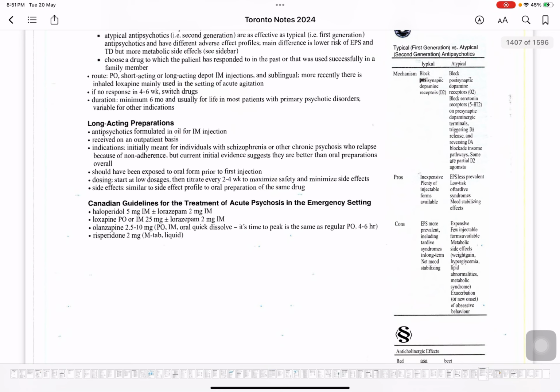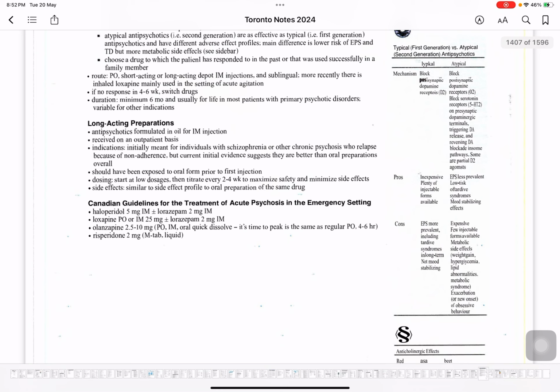Atypical ones have less prevalent EPS, low risk, and the mood stabilizing effect is the pro of atypical ones. But the cons are that typical ones have more extrapyramidal side effects, like tardive syndrome in the long term, and they are not mood stabilizing.